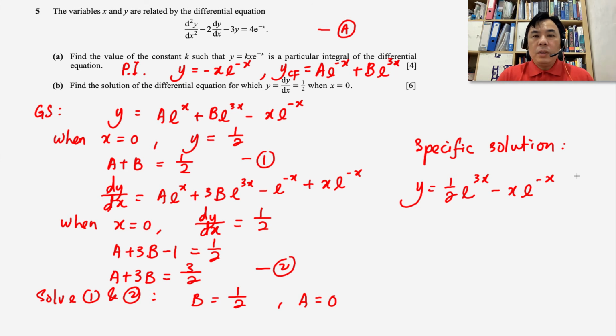And then there you have it. That's our specific solution, or particular solution. All right, so I hope that is clear. I'm going to move on to the next question shortly.